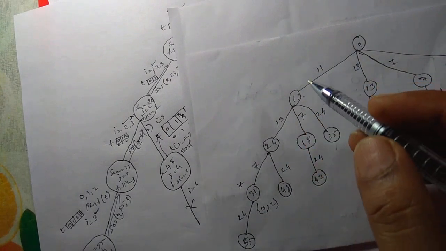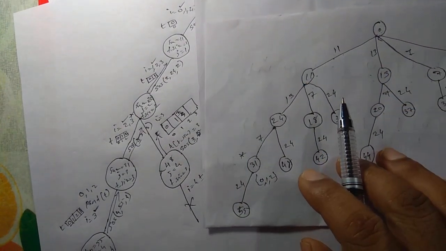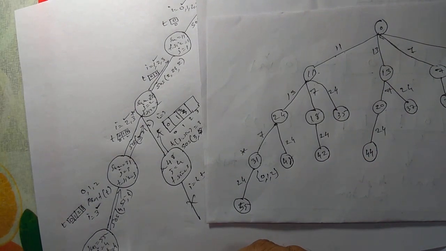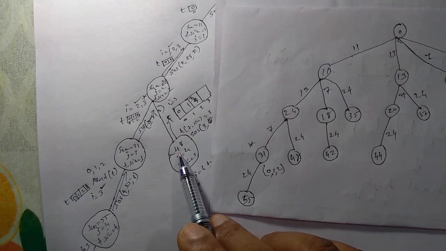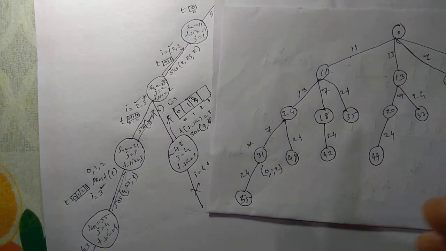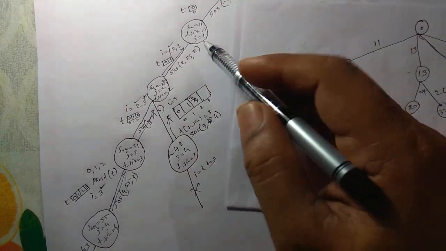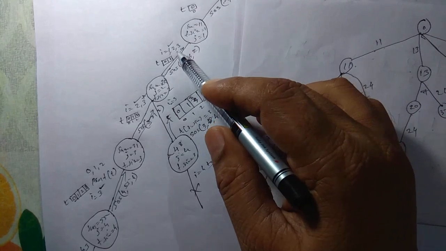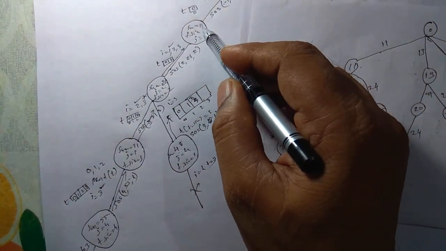See, the tree is matching: 11, 24, 31 and 55, then 48 on this side. Then it is coming back to 11 again. Here the function came back to the node with sum equal to 11.